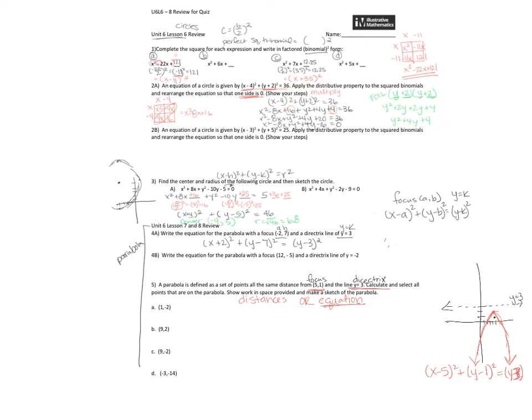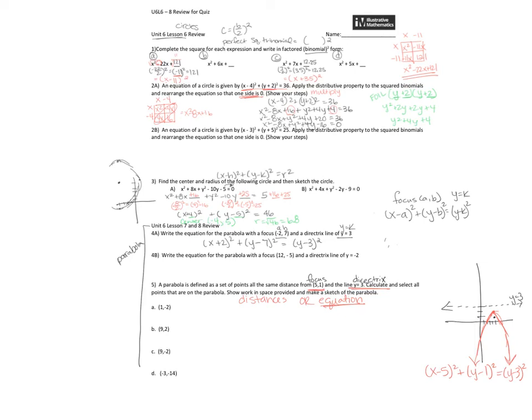Sorry about that. Let me pencil in a 3 there. Y minus 3 squared. That's the equation of my parabola. If a point is on it, it's going to make that equation true.